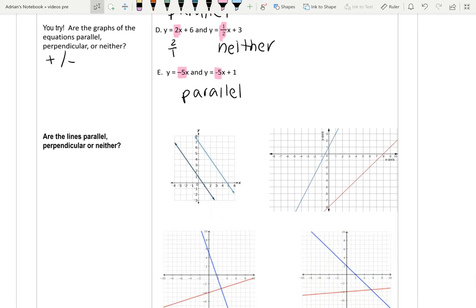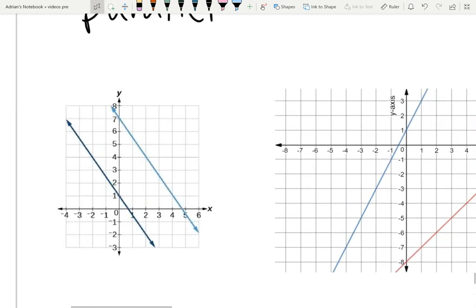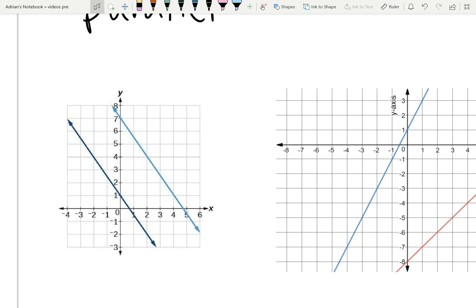Okay, next we have two graphs, and we need to determine if they are parallel, perpendicular, or neither. So looking at the first one, it looks like they're parallel, but I just want to double check. To check, I'm just going to go on here and look.